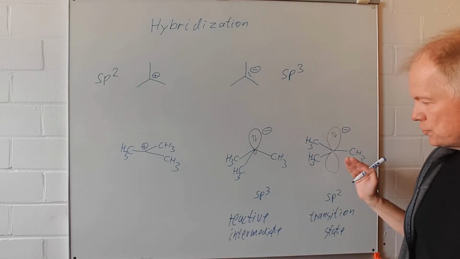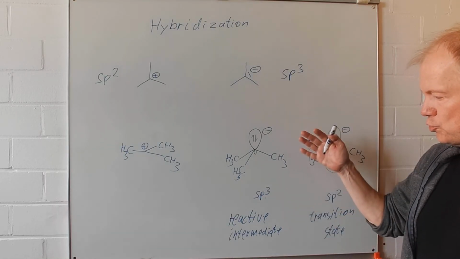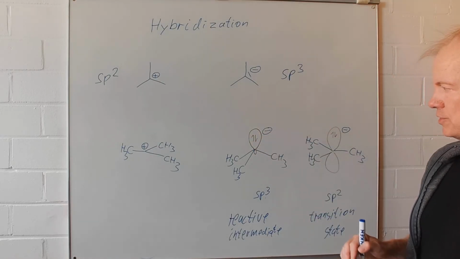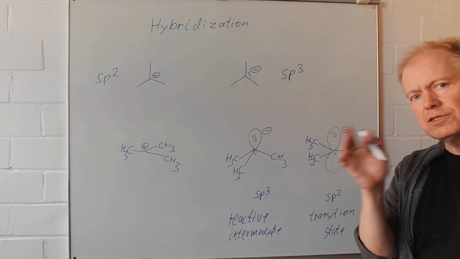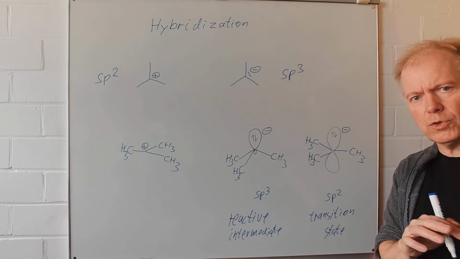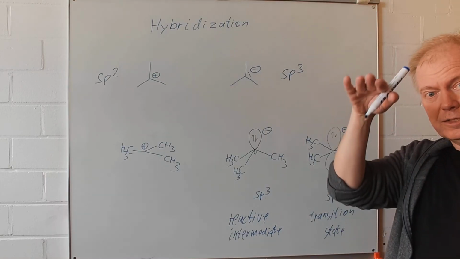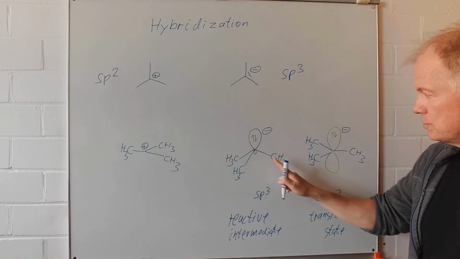It's a transition state between those two sp3 hybridized situations, just as it is also the case for ammonia, where the nitrogen can move through the plane of the three hydrogens.